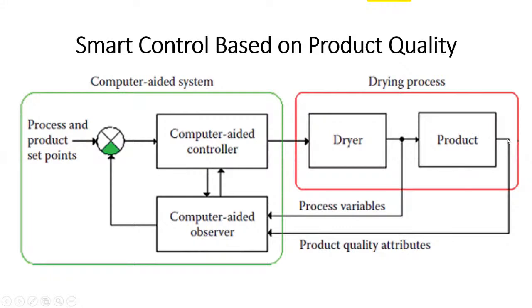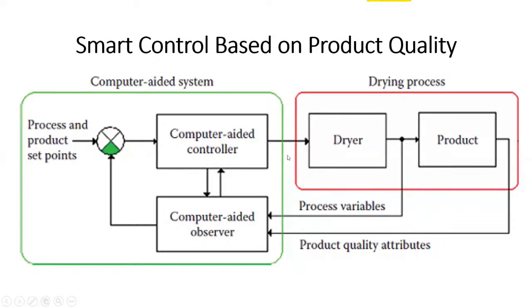So we have input from our computer vision, how the product looks, whether it is its color, its size, or its shrinkage. And the information here goes back to the computer, and this will help us adjust the control of the dryer.